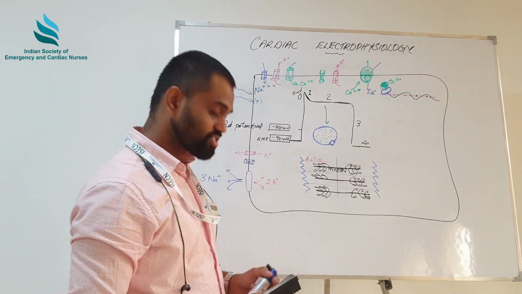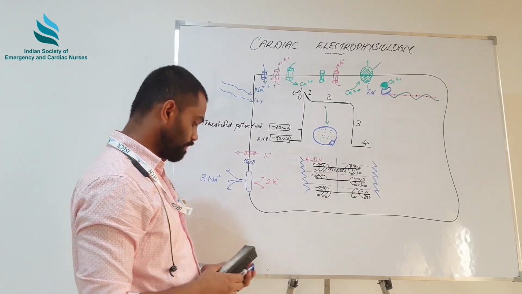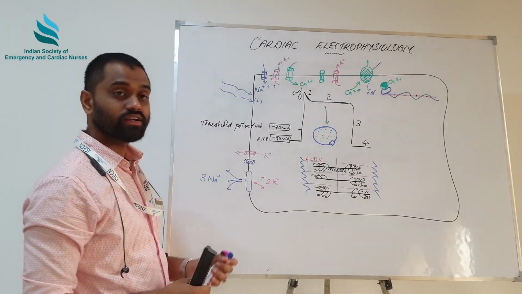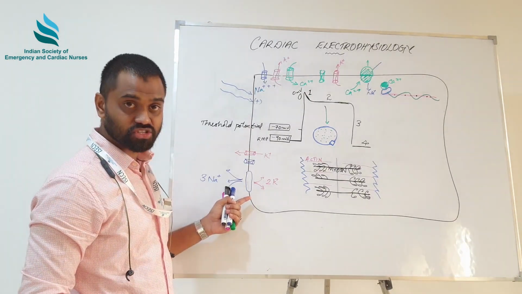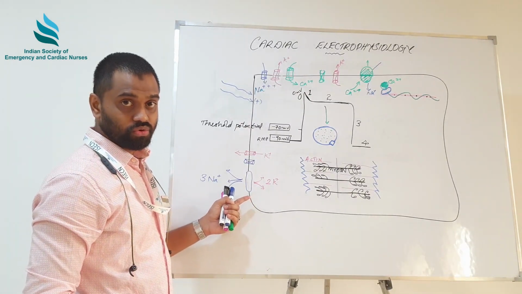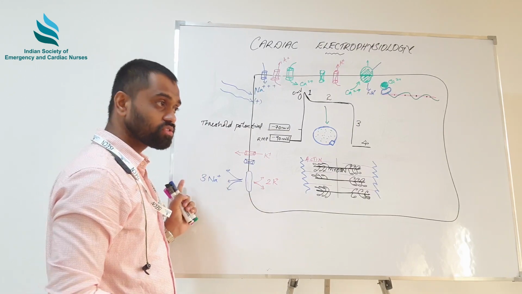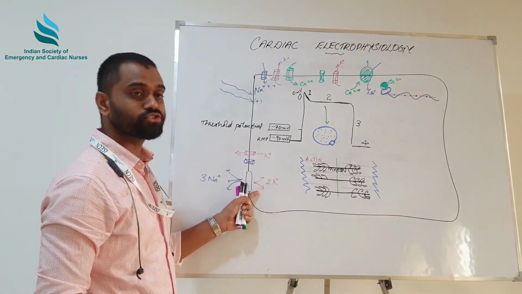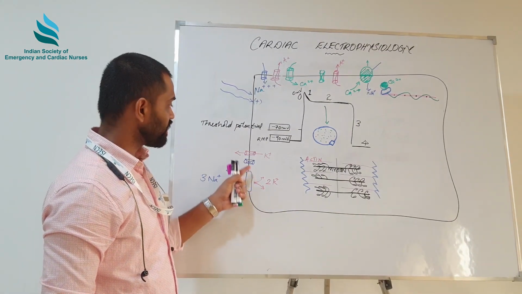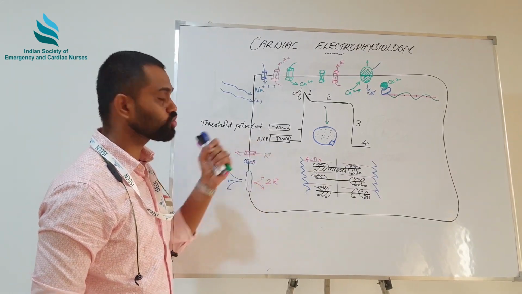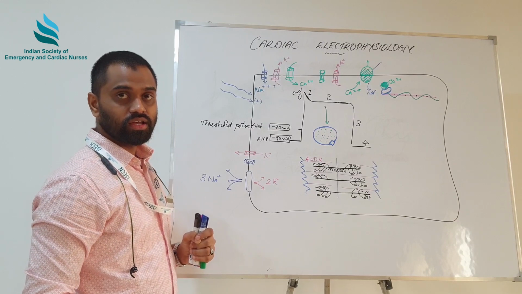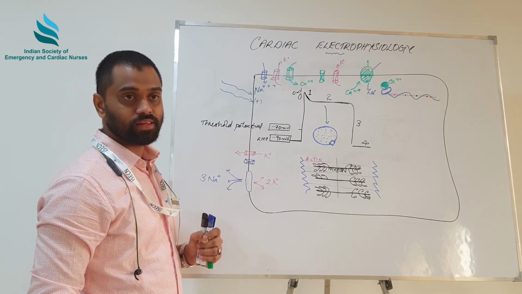So just to recap this segment, we started with the resting membrane potential. We have the sodium potassium ATPase here, which is continuously throwing out 3 sodium ions in exchange for 2 potassium ions, and in addition we have leaky potassium channels, which set up the resting membrane potential at minus 90 millivolts at the resting stage of the cell.